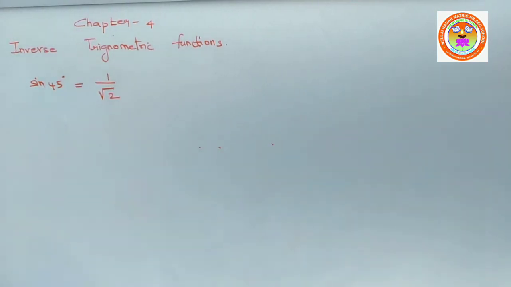If I separate sine and 45, it gives no meaning, so sine and 45 should be written together. Sine 45 gives us the value 1 by root 2. When sine is followed by an angle, we get a value.